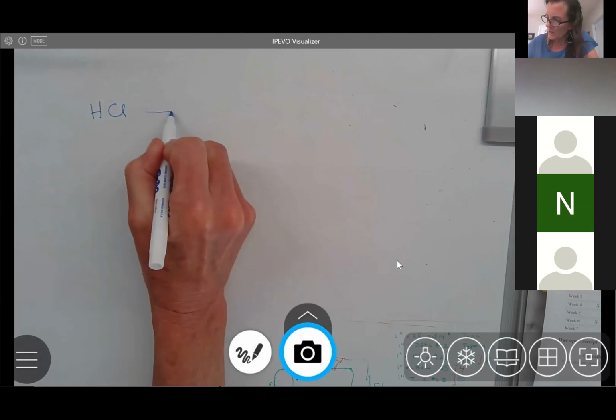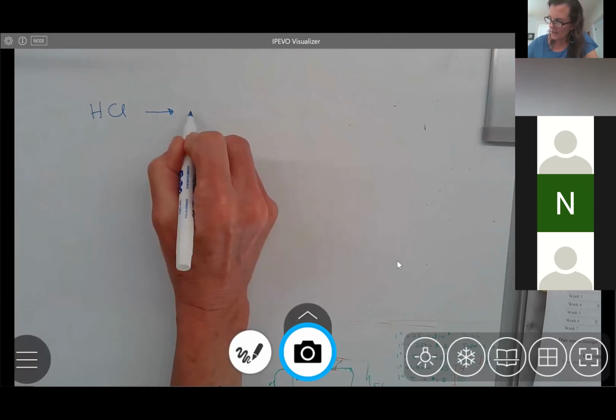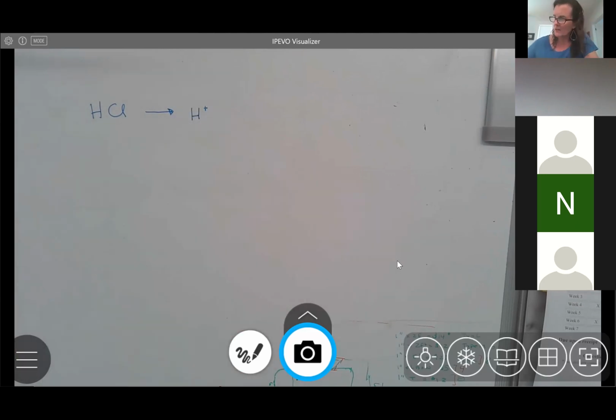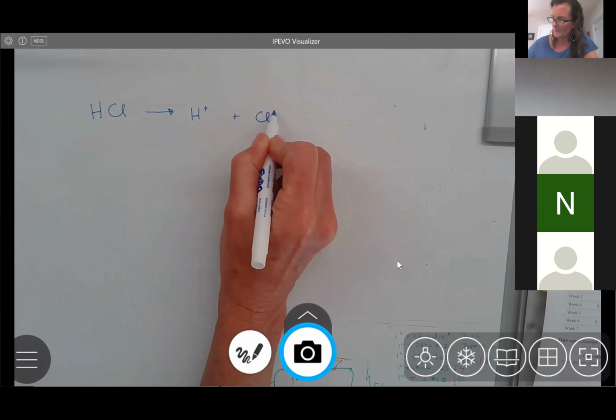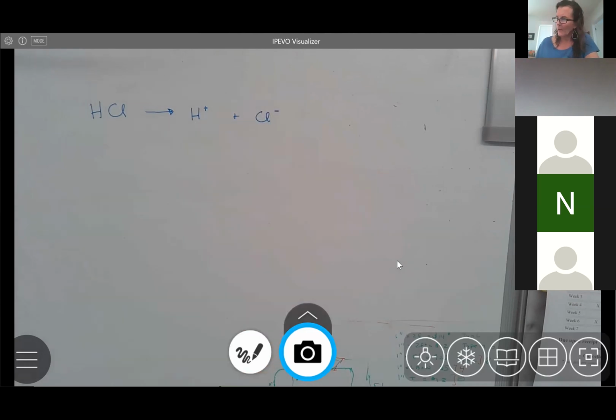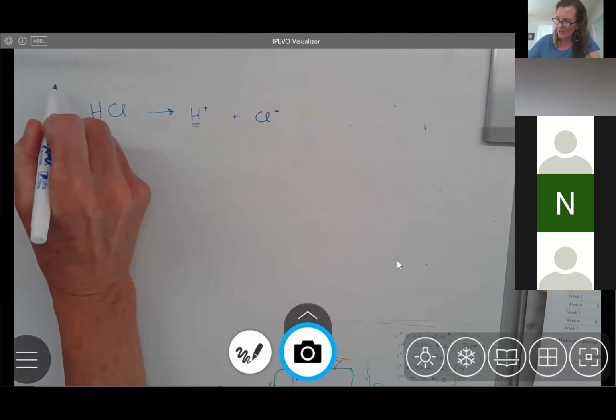When it goes into water, it separates into H plus and Cl minus. And because it produces H plus, this is considered an acid.